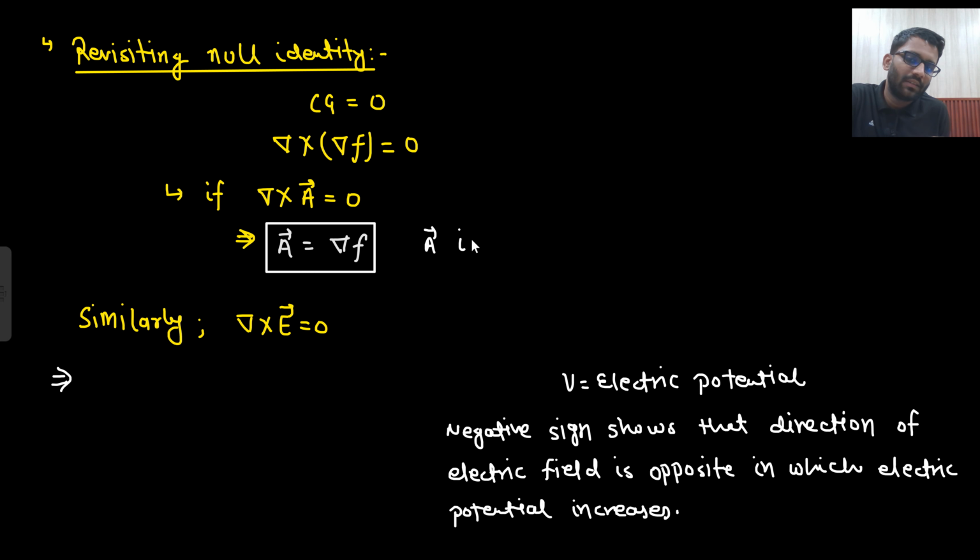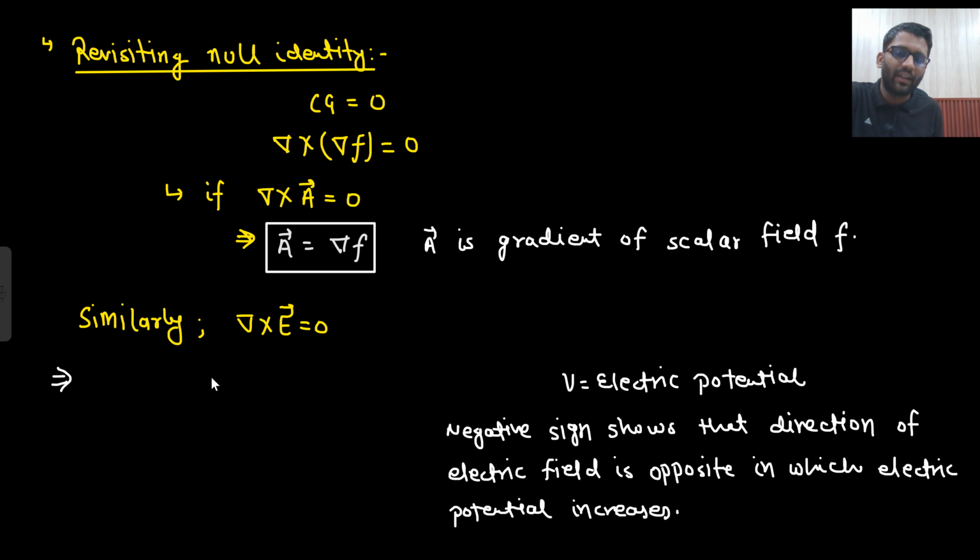A is the gradient of scalar field f. Similarly, from here I would write that the electric field is the negative gradient of electric potential. So this V is known as electric potential.